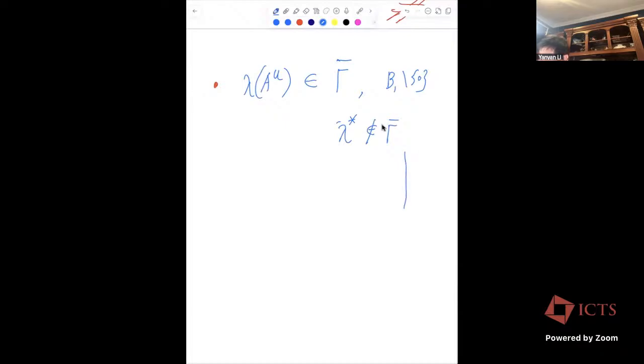Namely, this lambda star is somewhere here. And now I write it as equilibrium. So in that case, we can prove that lambda of A_u belongs to gamma bar in B1.